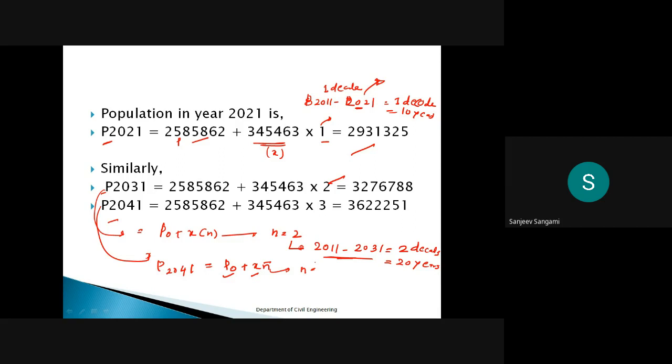So N is equal to 3. Then if you calculate it, this is constant, and this will be your 3. Then total population is equal to 3,36,22,251. Here the population is 32,76,781. That is the population at 2031.